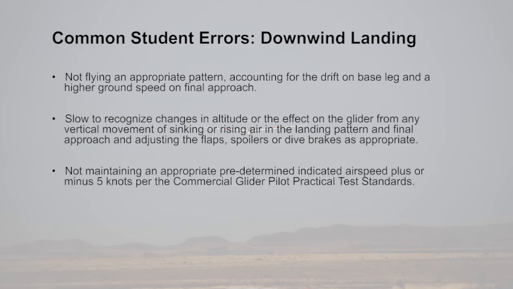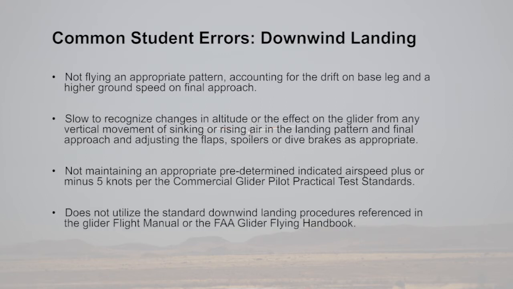Not maintaining an appropriate predetermined indicated airspeed plus or minus 5 knots per the commercial glider pilot practical test standards. Does not utilize the standard downwind landing procedures referenced in the glider flight manual or the FAA glider flying handbook.